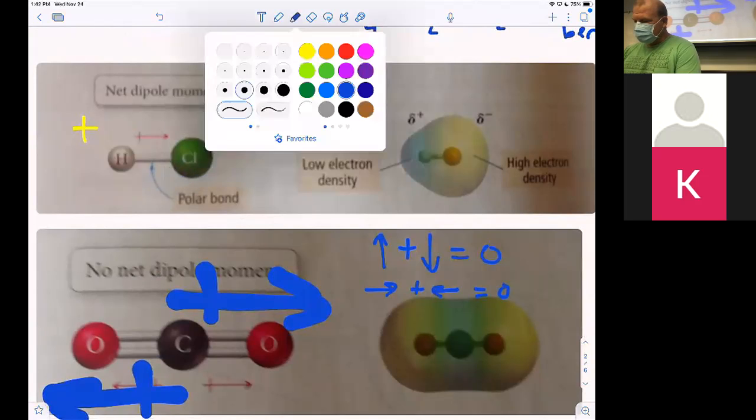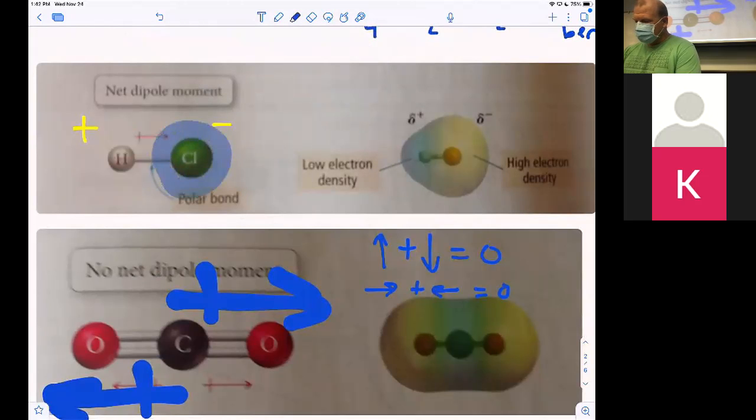So the real electron cloud looks more like that. At least the one where it's shared, the electron can be in many different places at once, and it spends more time around chlorine than it does around hydrogen.